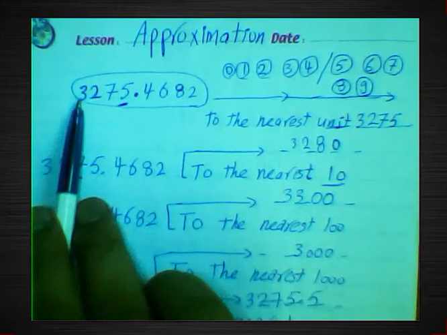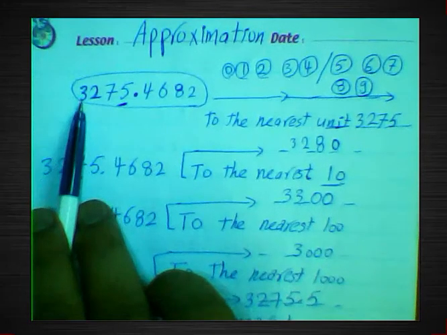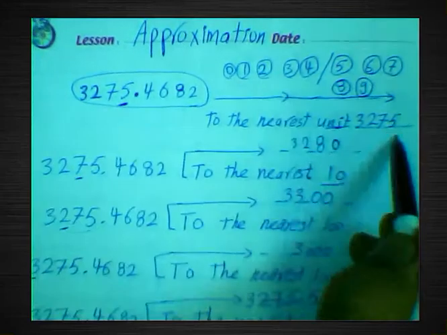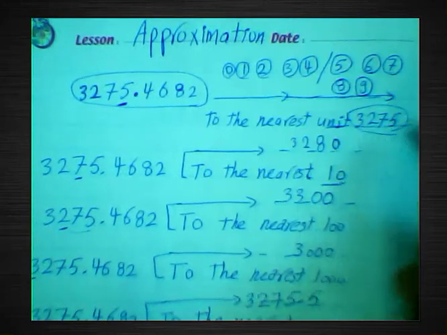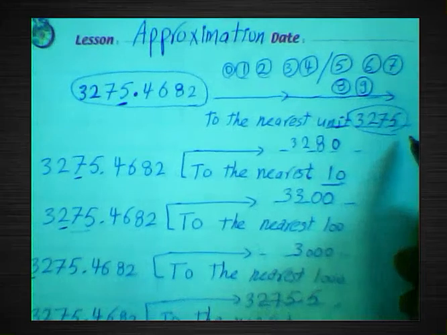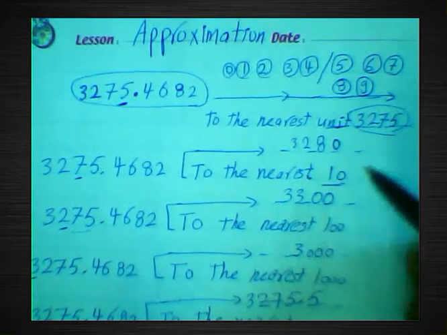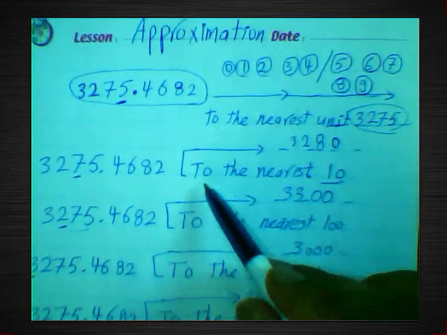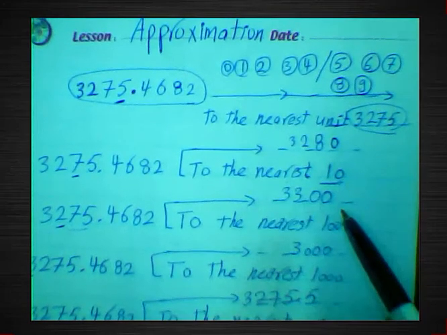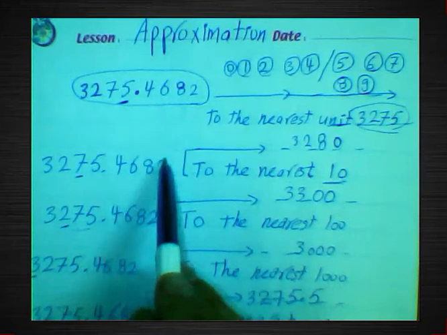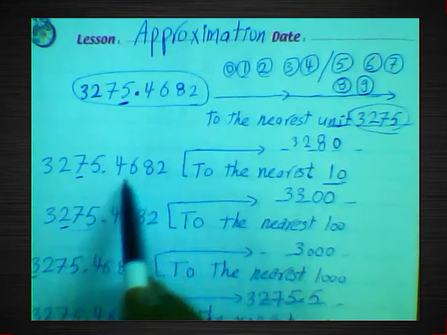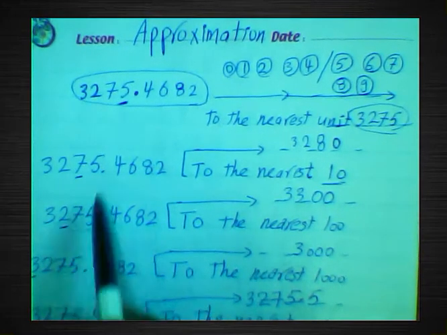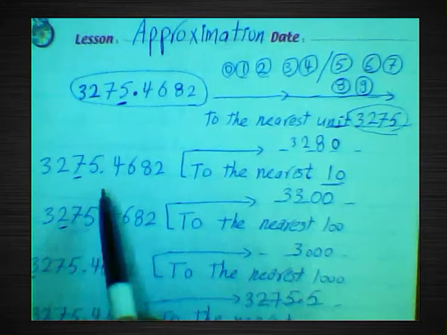Okay, and write the whole number 3275 here. This number was approximated to the nearest unit. And what about 10? He wants to find the result to the nearest 10, so we will cancel the decimal. Okay, we cancel it and put 0.